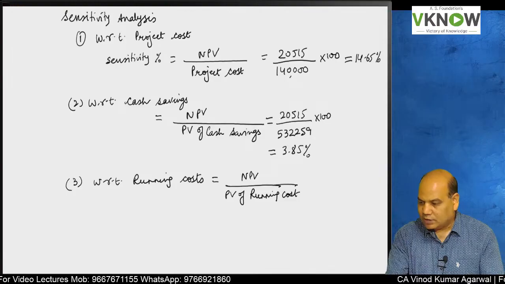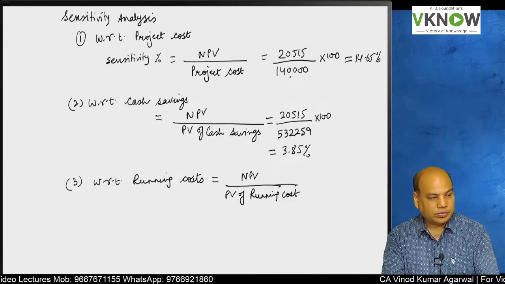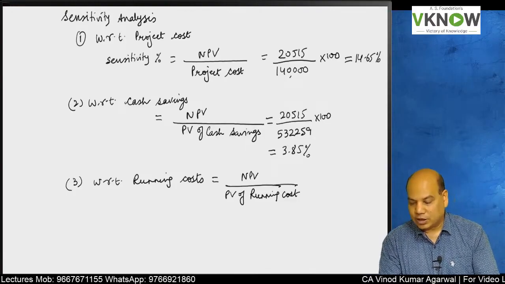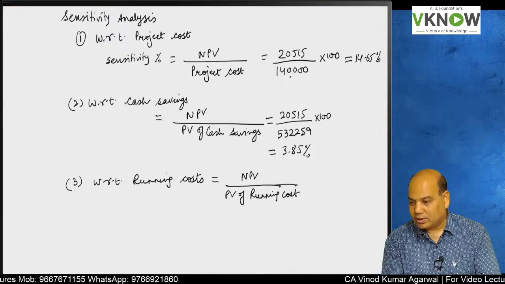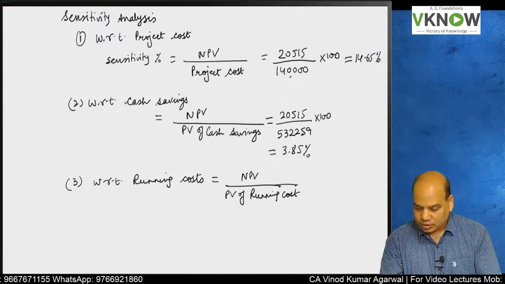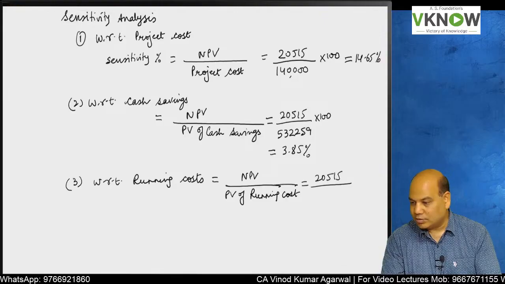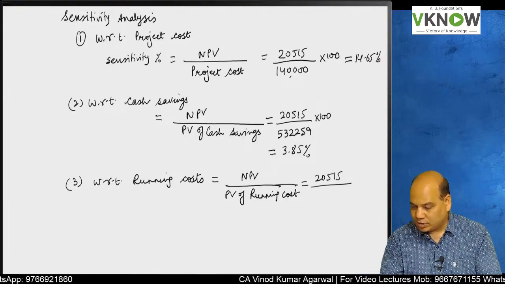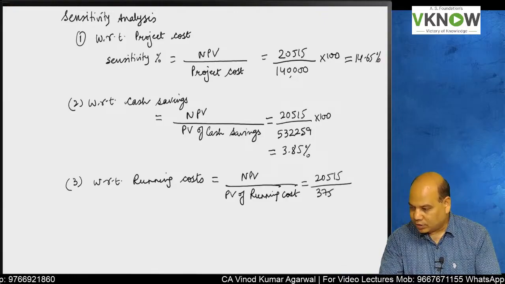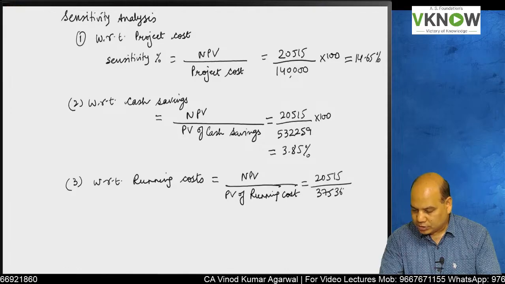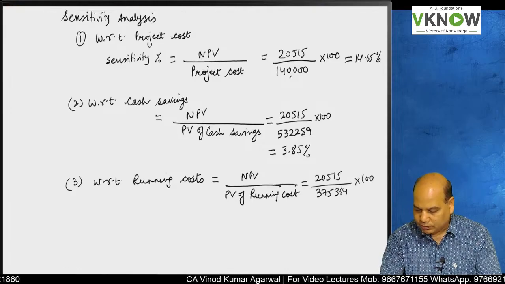When different years have different cash flows, we will simply compare NPV with the present value of that cash flow. So that NPV is 20515. And how much was PV of running cost? Anybody? PV of running cost was 364 into 100.